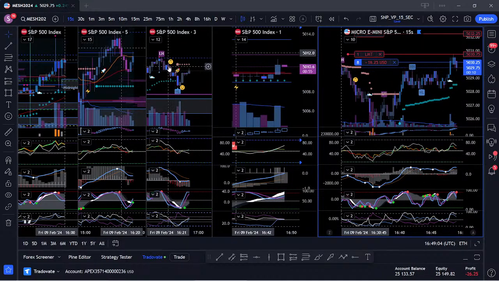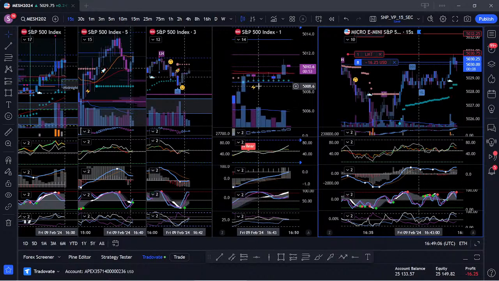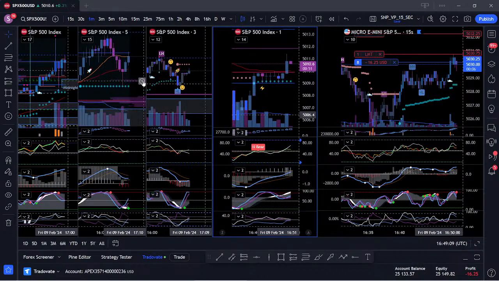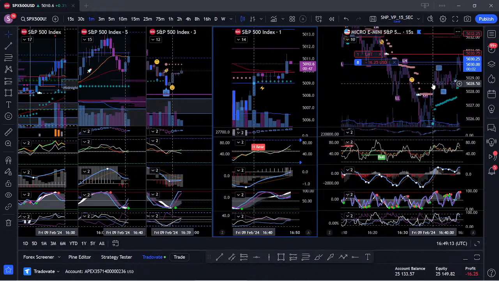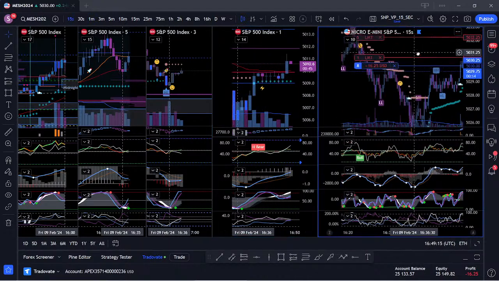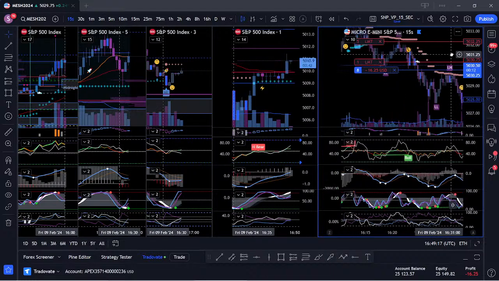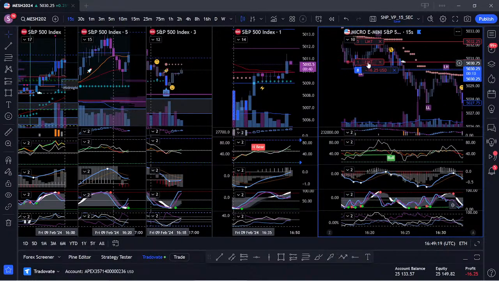Where's our lower high? This is our lower high. Well, actually, this is our lower high.